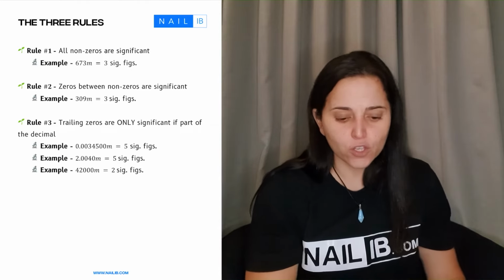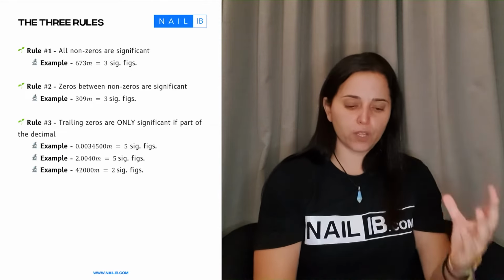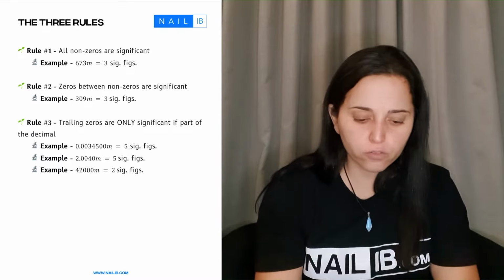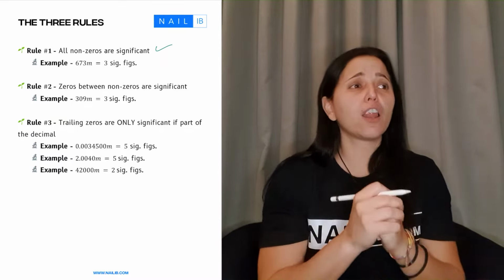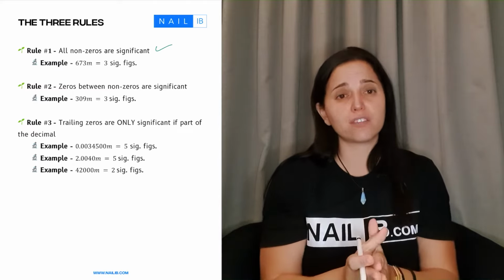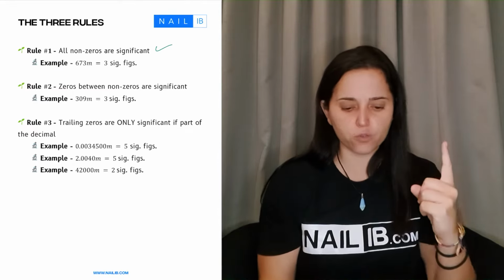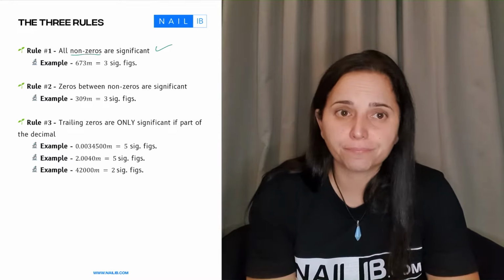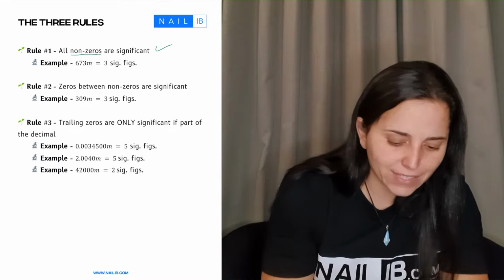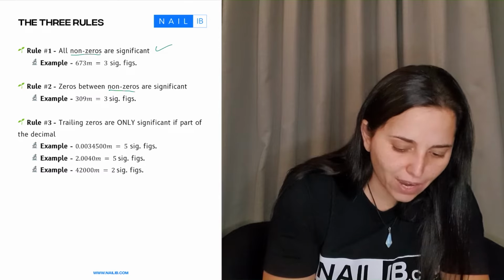All right. So here are the 3 rules. The first rule is that non-zeros are significant. I know a lot of kids don't understand what significant figures are, so here is just a general rule. The first one is all the non-zeros are significant. However, the zeros that are between non-zeros are significant too.